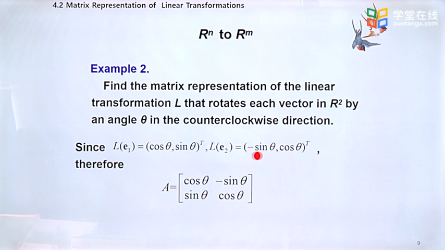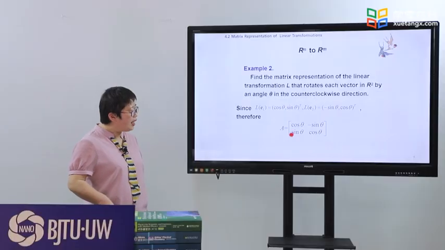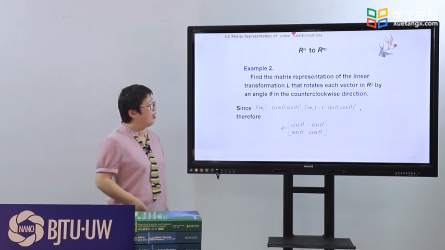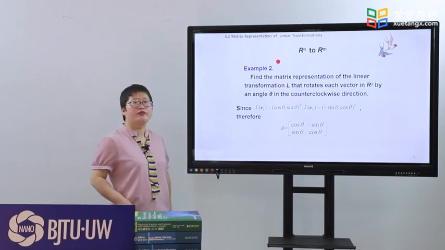And L applied to the second coordinate vector in the standard basis equals minus sin theta, cosine theta. Then you write L(e1) as the first column of A and L(e2) as the second column of A, and you will get this matrix A. So the matrix A is just the matrix representation of the linear transformation here.